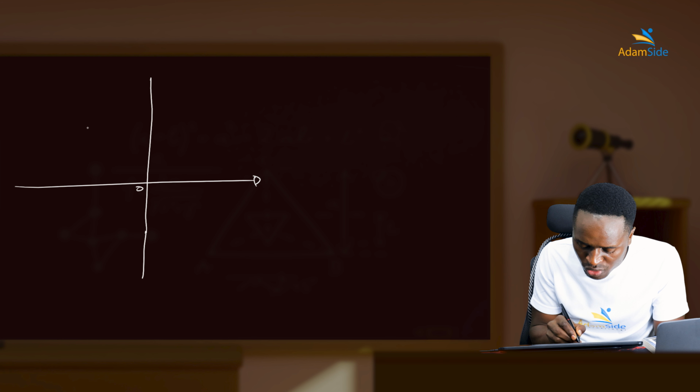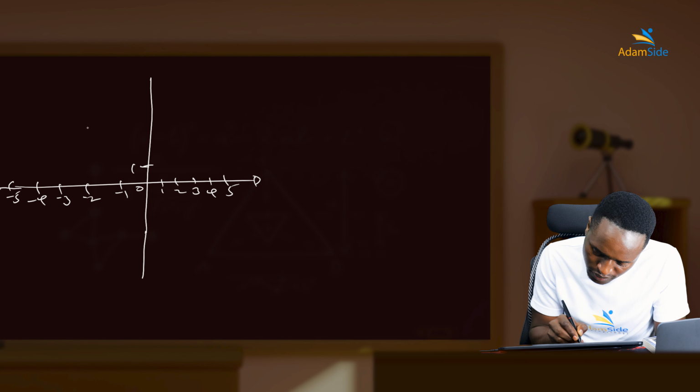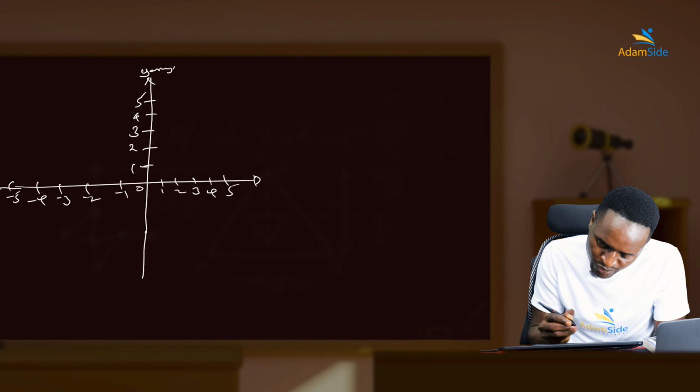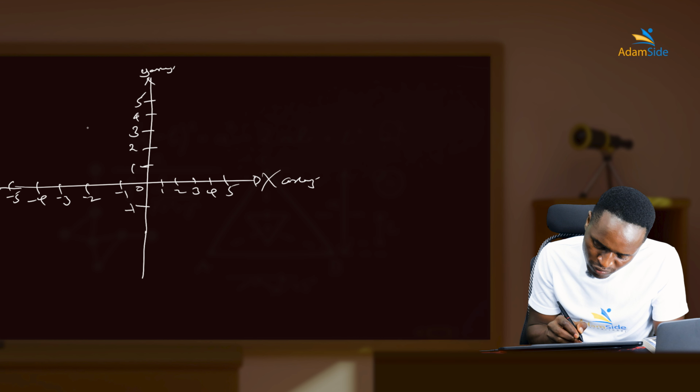Sometimes you might have a Cartesian plane with a given range. Let's say this is the origin, then 1, 2, 3, 4, 5. Then here -1, -2, -3, -4, and -5. Then here you have 1, 2, 3, 4, 5. This is the y-axis, and this is the x-axis.